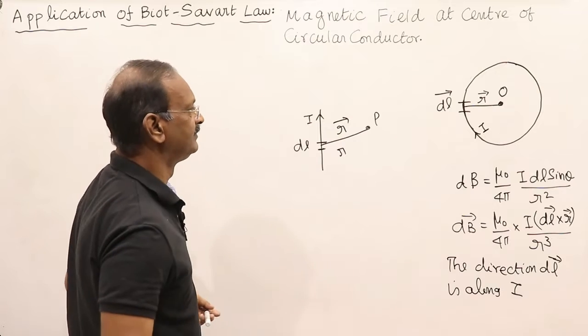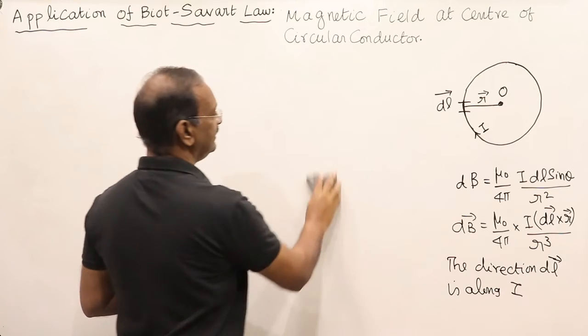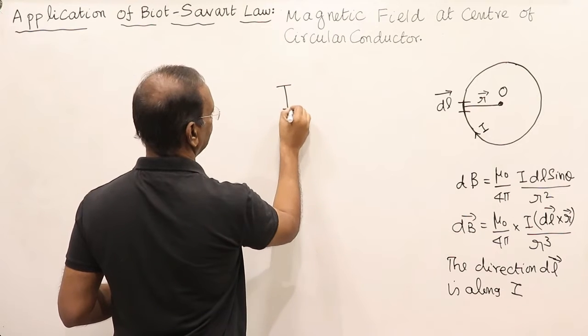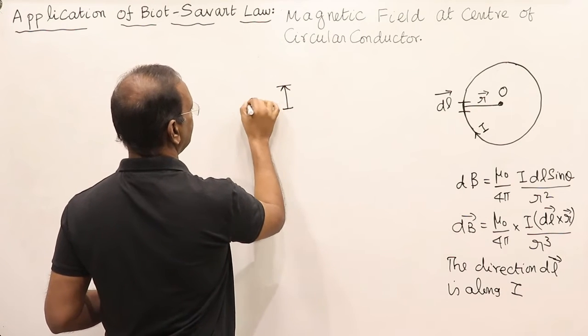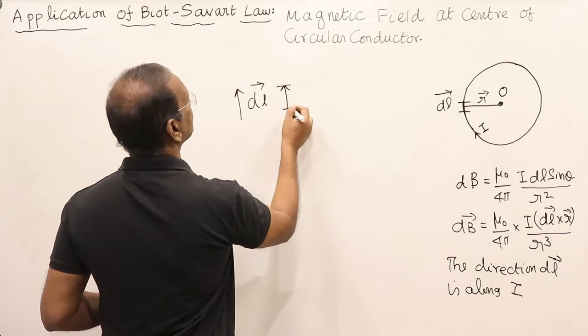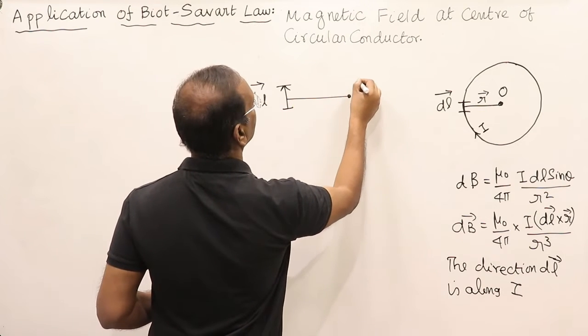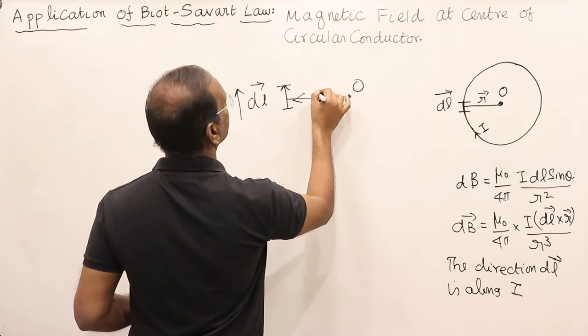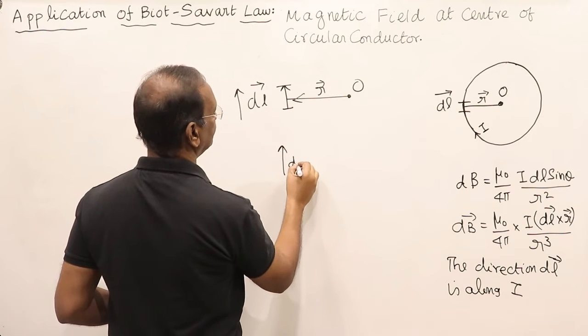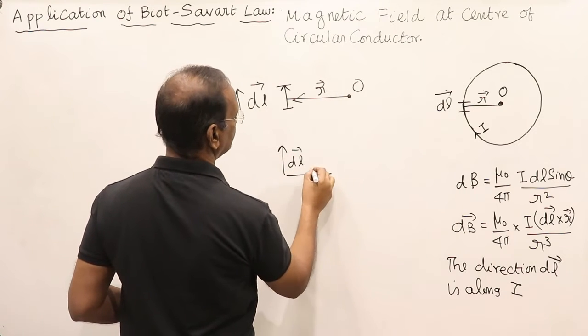Now we can easily note it out. This is the dl vector in enlarged form, in this direction, and r vector from the center O is in this direction.